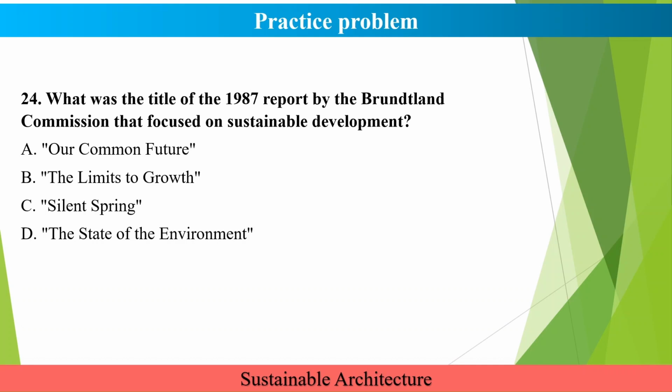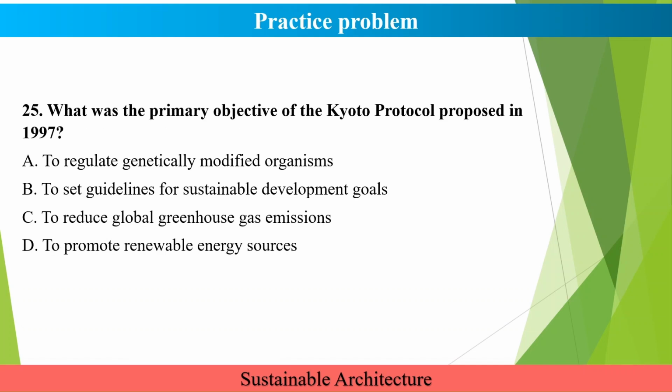This is question 25. What was the primary objective of the Kyoto Protocol proposed in the year 1997? It's C. Which answer?